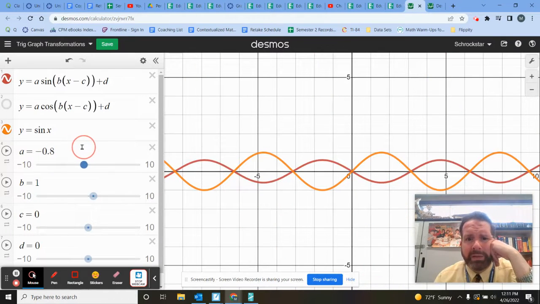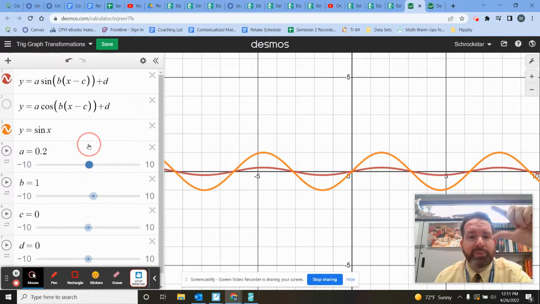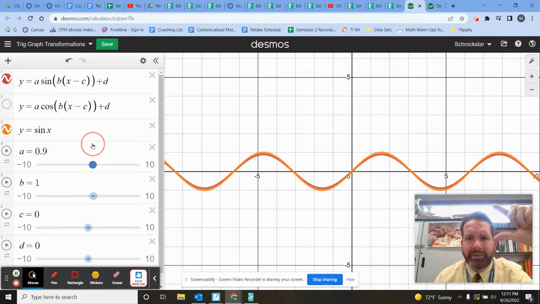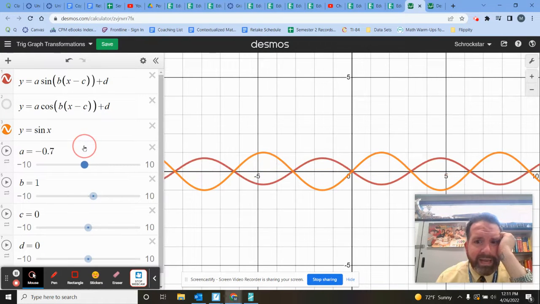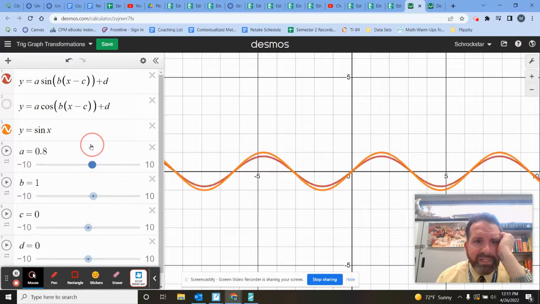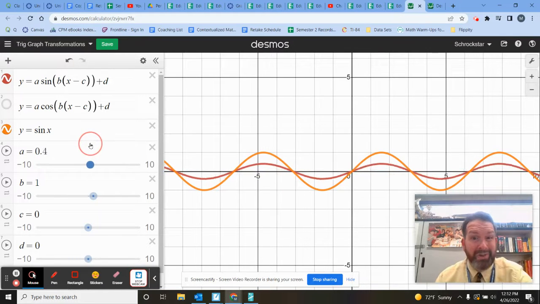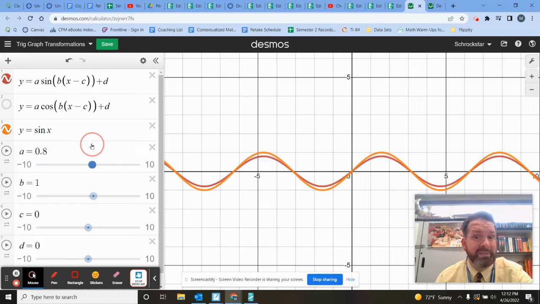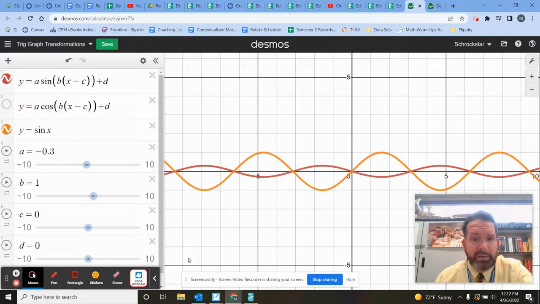But here in the middle, I'm getting values that actually shrink it down a little bit. We call that a compression or a shrink, making it go smaller. And take a look at what values are making that happen. So your graph gets compressed as long as your A values aren't that big. Specifically, they need to be between -1 and +1.